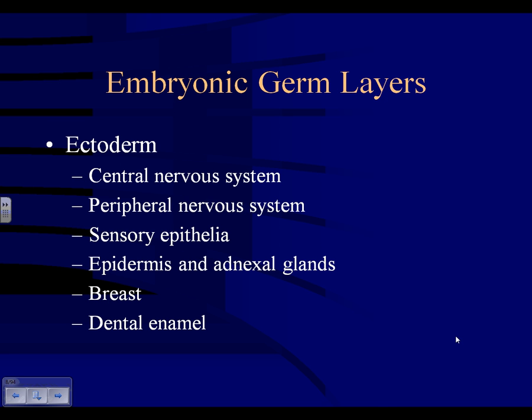So the central nervous system and the peripheral nervous system are ectodermal, as are the epidermis and the adnexal glands. The breast and dental enamel are also ectodermal. In practice, I know you have to learn this for tests, you do, but in real life, don't worry, this is not going to be as important as it seems, which should be some solace.